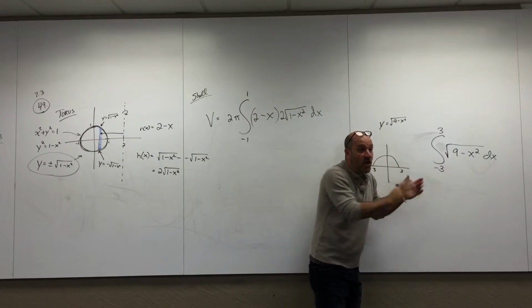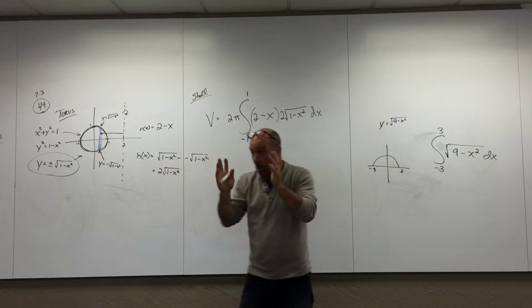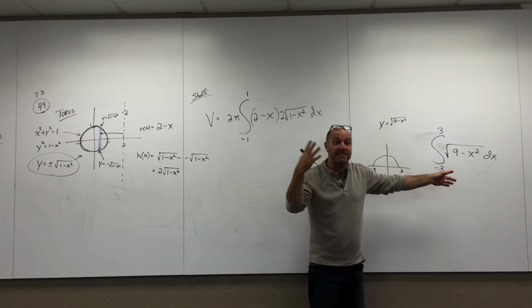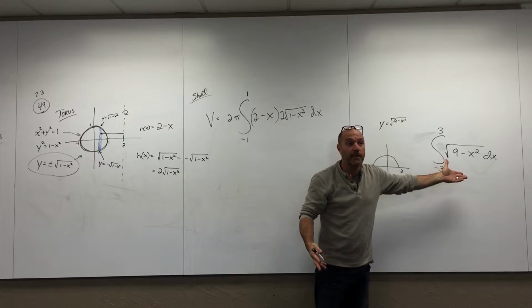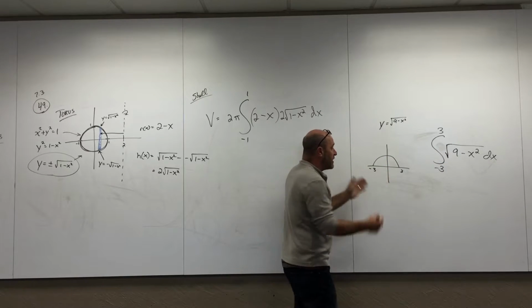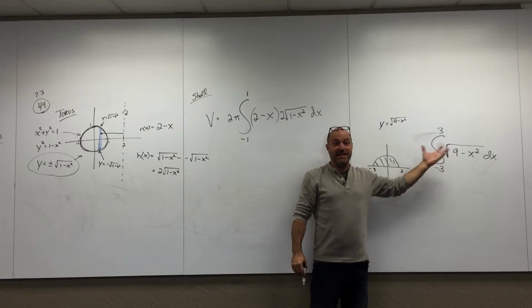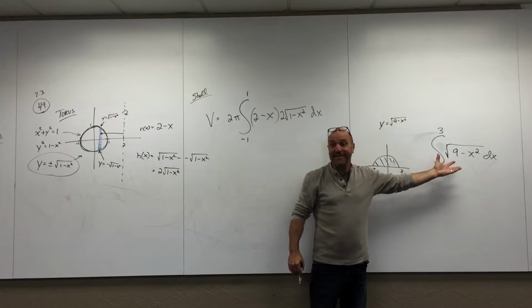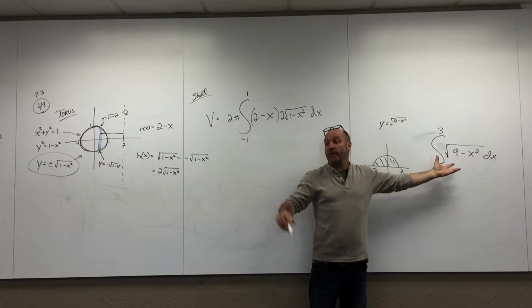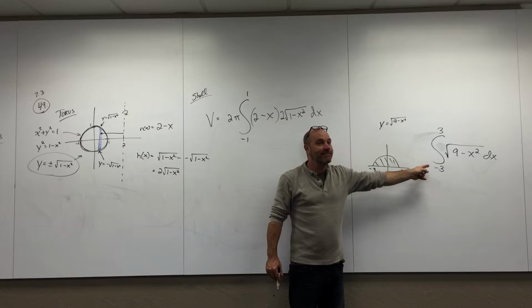An integral, even though we're starting to learn to use integrals for volume and all kinds of other stuff, one way to interpret an integral is that it's the area under a curve. So if you realize that this curve is a semicircle and you're integrating from -3 to 3, then you might realize all of a sudden that the answer to this integral, using some geometry, is the area of a semicircle of radius 3.